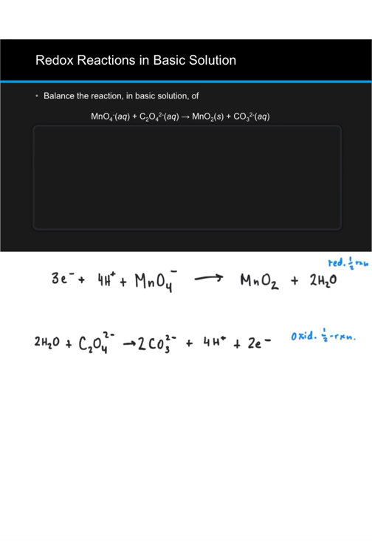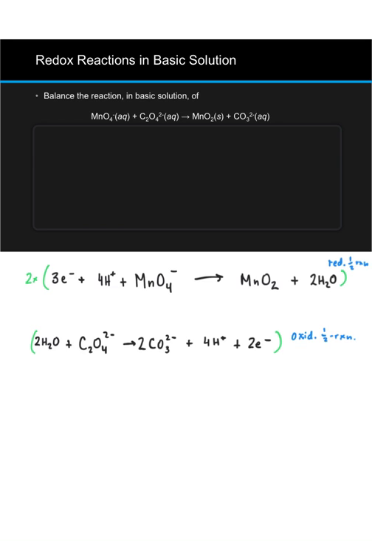Next, make it so that the electrons consumed in the reduction half reaction are equivalent to the electrons produced in the oxidation half reaction. To do this, I'm going to find the smallest whole number by which I can multiply each half reaction to make the number of electrons equivalent.